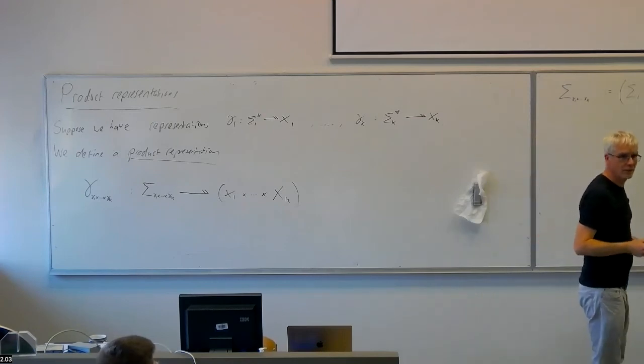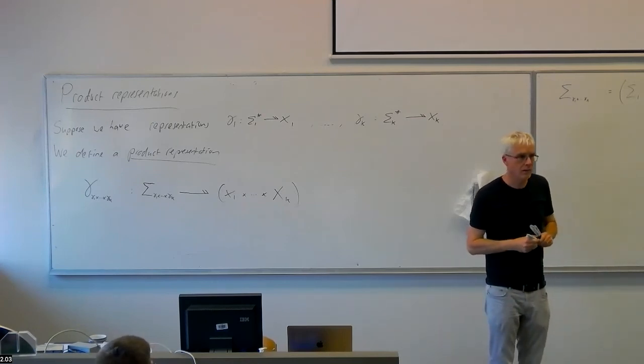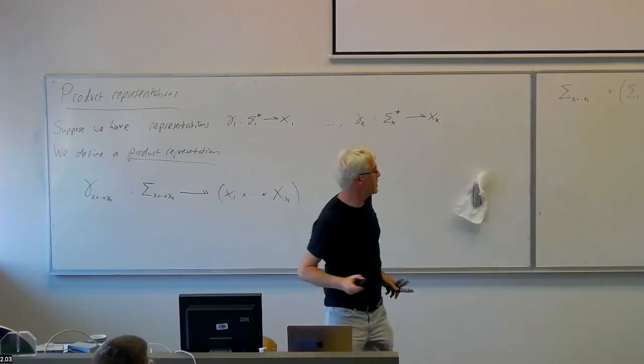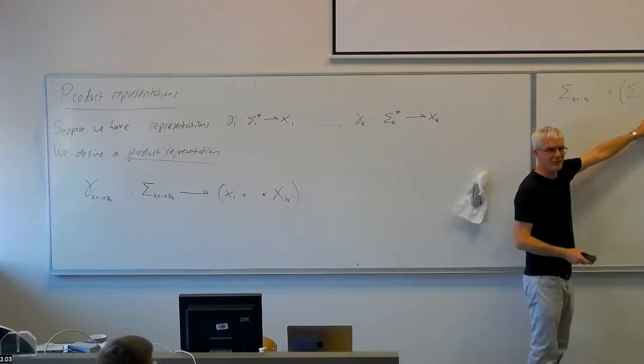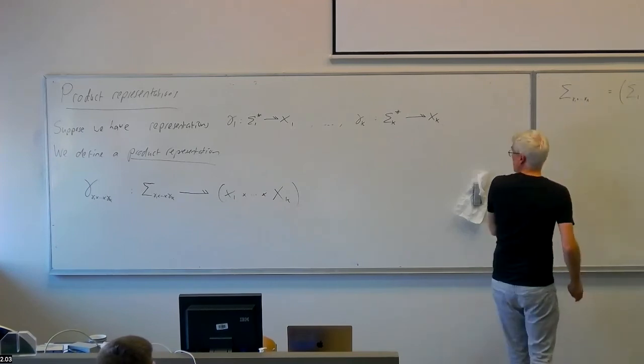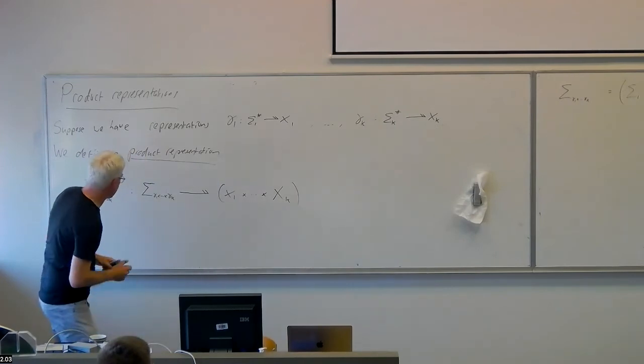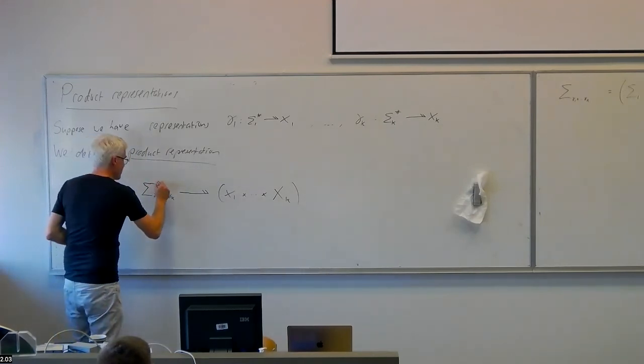Yes? Why is there not a star on the thing? Good question. Because here I'm defining the alphabet, the alphabet that we're going to use for the product representation. Oh, sorry, there should be a star on this sigma. Yeah, this one should have a star.